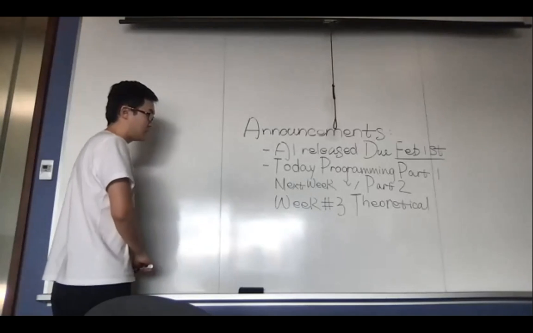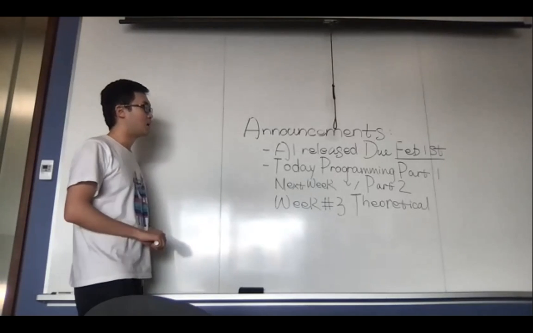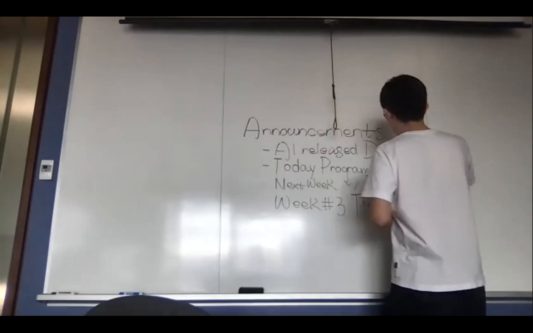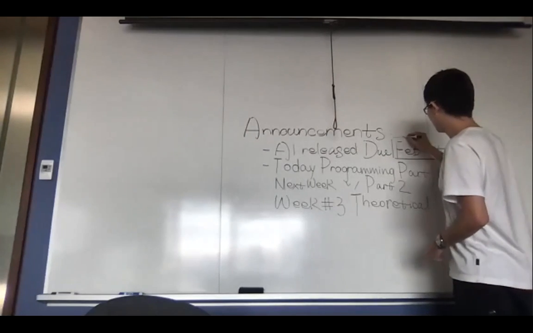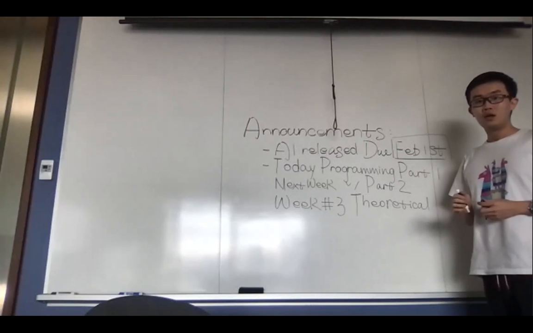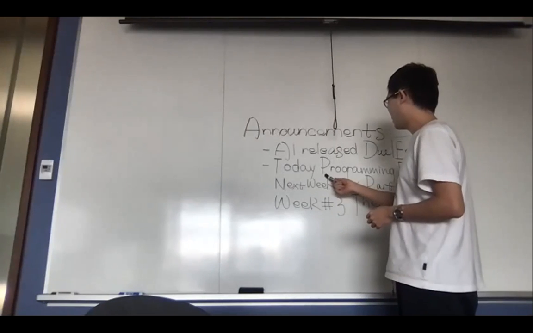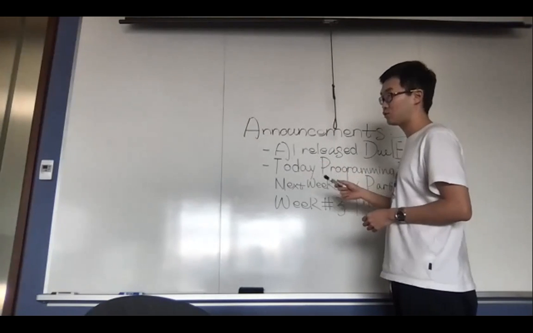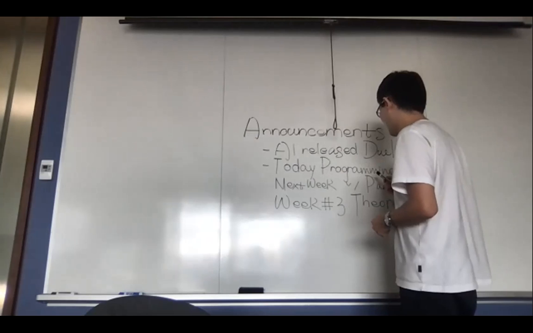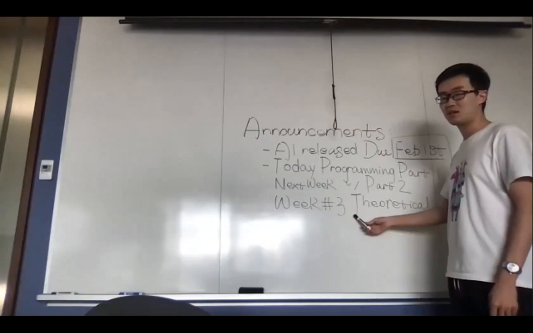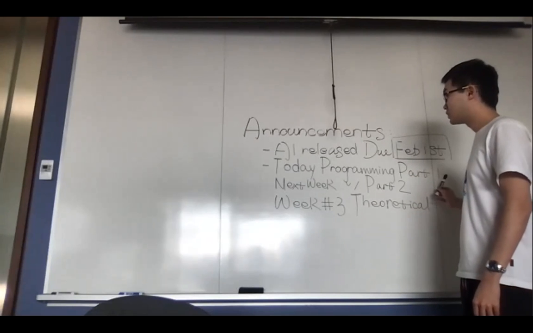Assignment 1 has been released today, and it is due on February the 1st. In today's tutorial, we'll be talking about the first half. The assignment consists of two sections. The first section is the programming assignment, and the second is on theoretical questions.